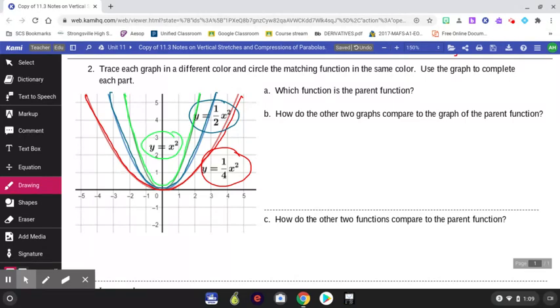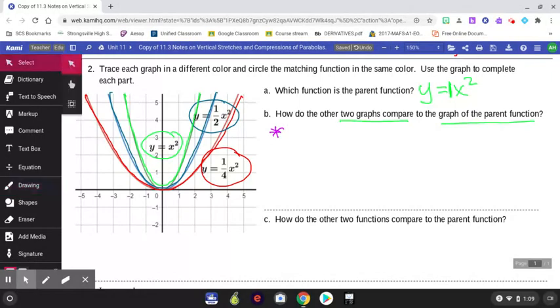And again, A says, what is the parent function? Well, it's y equals x squared, the most basic of functions, where technically that a value is 1, okay? How do the other 2 graphs compare to the graph of the parent function? So this is very similar to the questions that we discussed up at the top. And to me, compared to that green parent function, these other 2 functions look wider than the parent function.